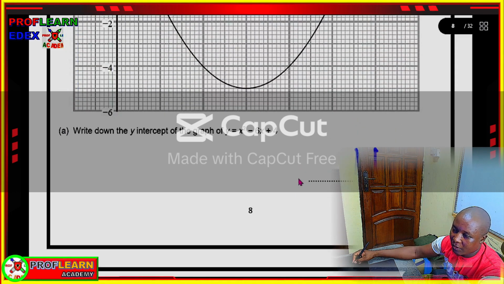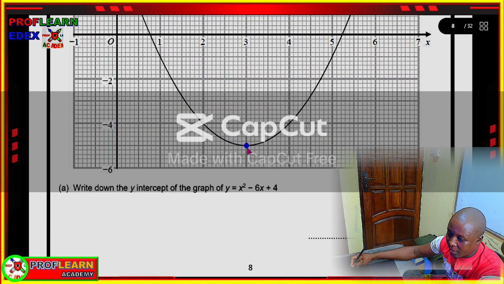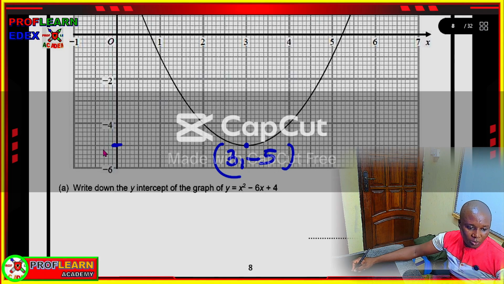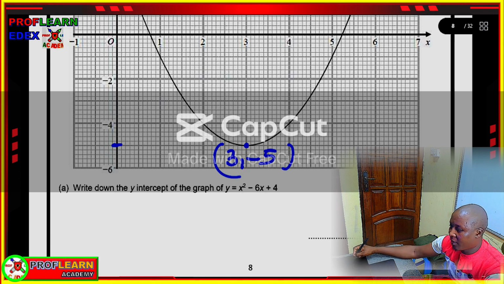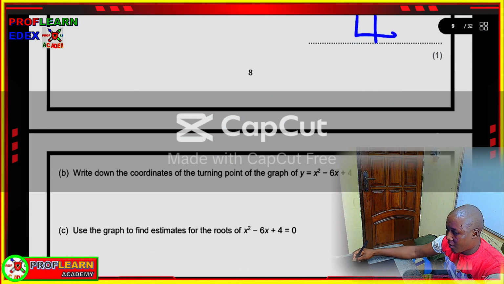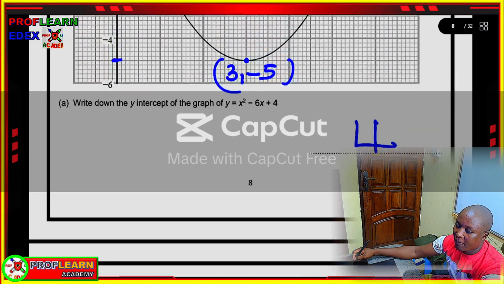The turning point is this value that we have here, which is 3, negative 5, because this point corresponds to the reading that is here. So we shall write here 3, negative 5, like that.